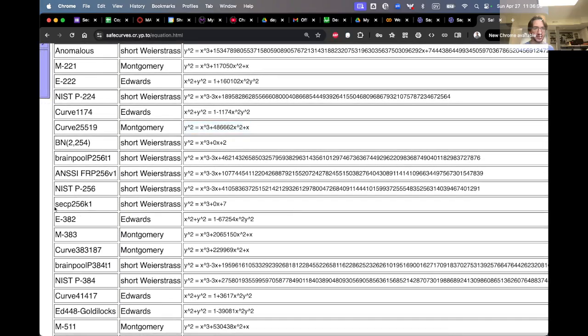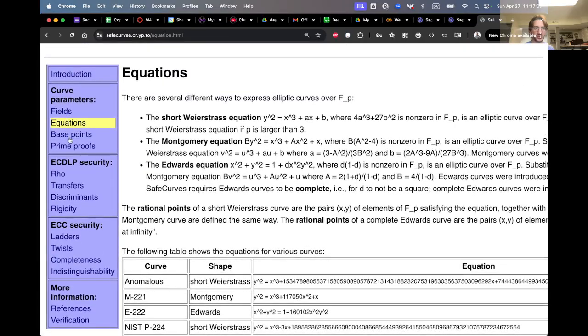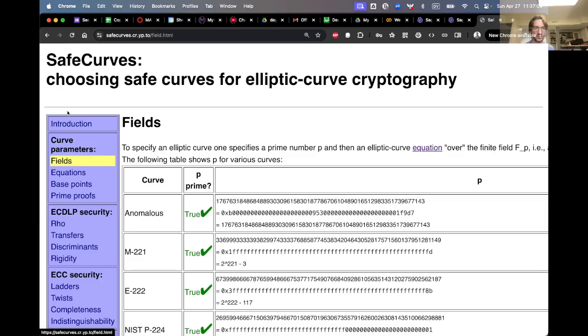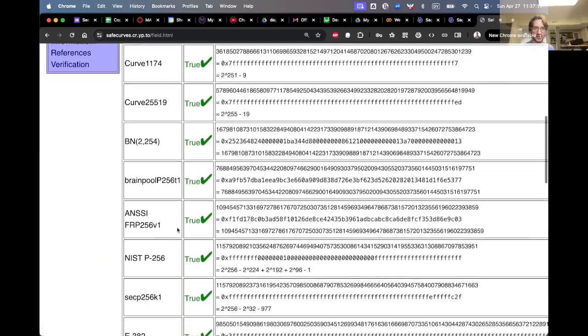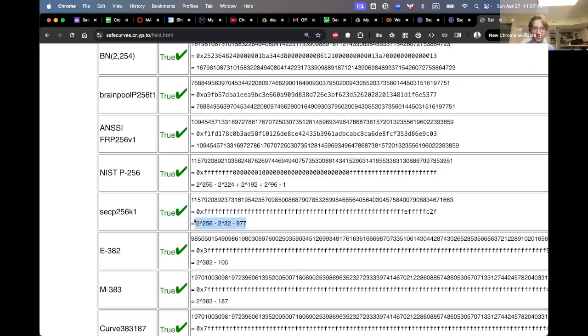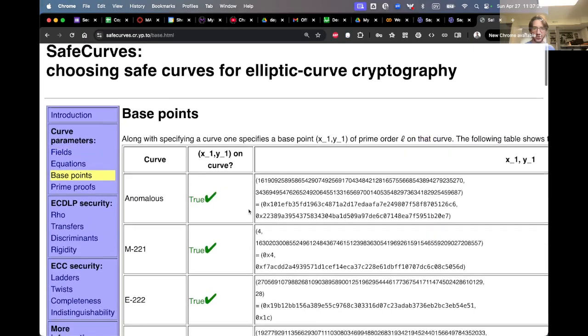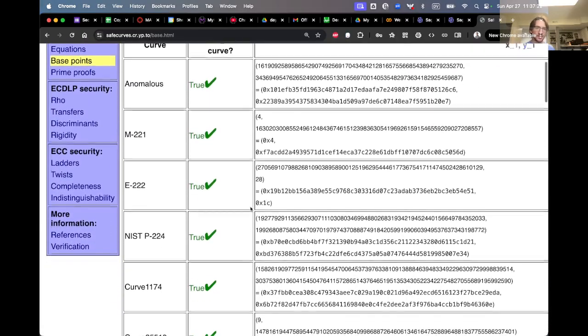We've got SECP 256K1, which uses this really nice elliptic curve. Let's go look at the prime that's used there. There's the prime that's used with that one. And then you can also look up the base points that are used on all these things.